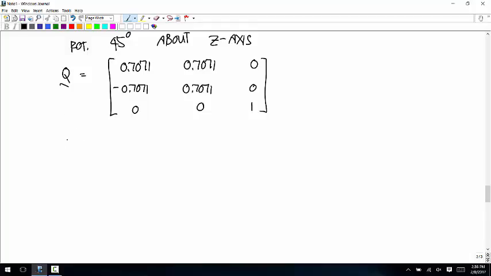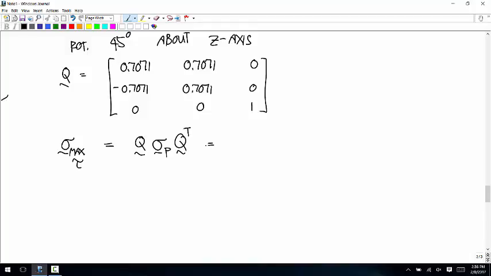And so the stress tensor with the maximum shear is that Q times the principal stress tensor times Q transpose.